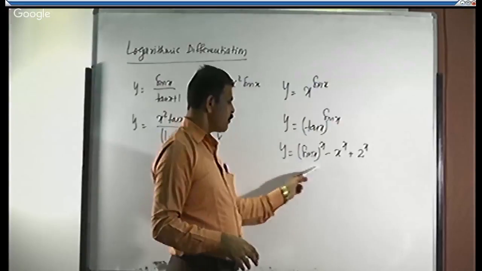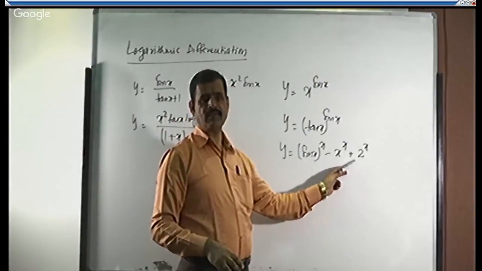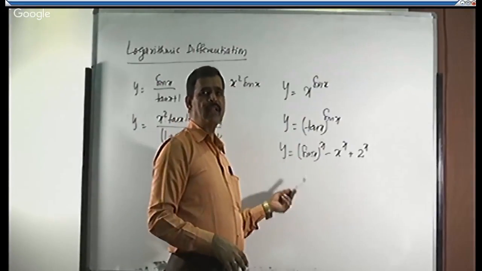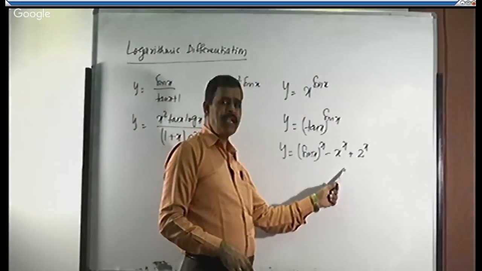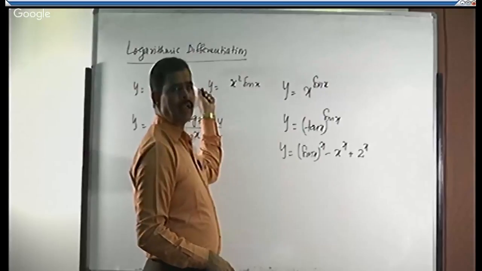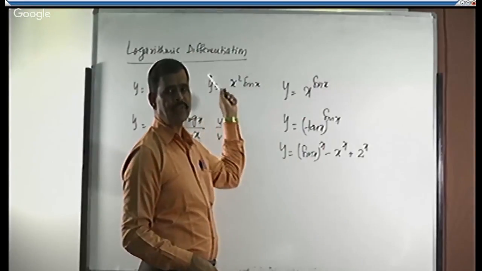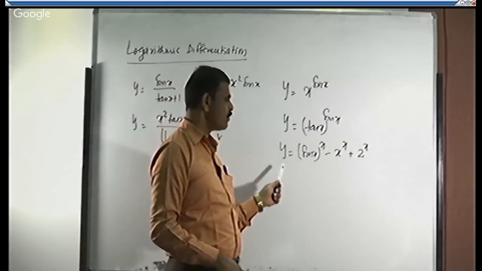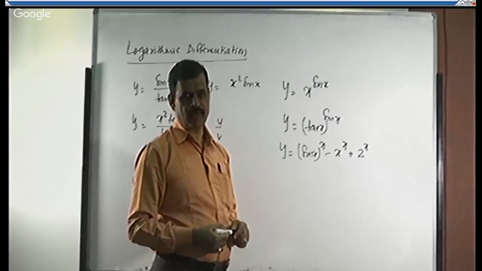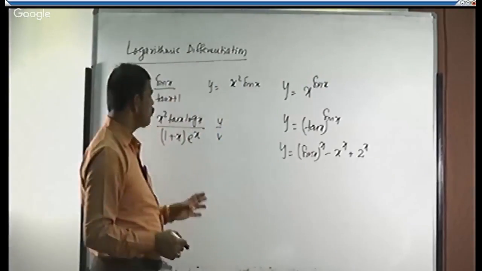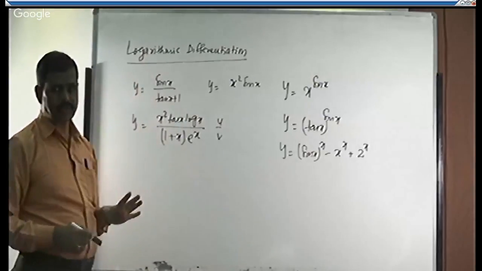They cannot be differentiated directly as we did in the previous classes. So for such functions, we need the help of laws of logarithms. By using laws of logarithm, we make them into differentiable form, right? So this is a brief introduction about logarithmic differentiation.